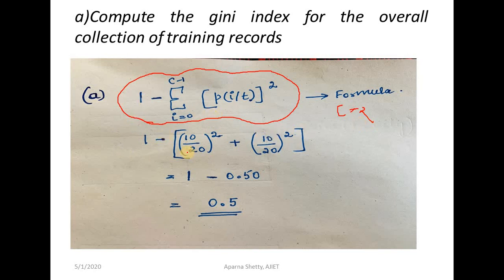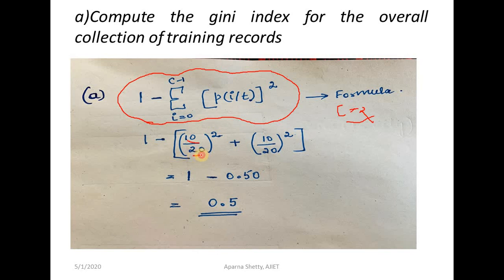Now, this is the formula for the Gini index. As we have already seen how to calculate the Gini index, it is 1 minus the sum. We have 2 classes, class 0 and class 1. How many records belong to class 0 in the table? You count how many class 0s there are. 10 records belong to class 0, out of a total of 20 records.